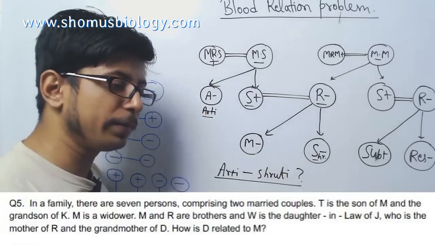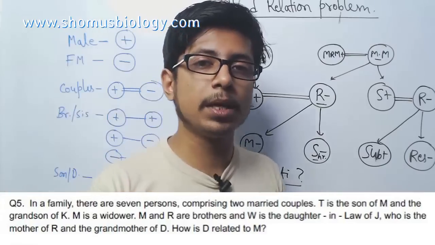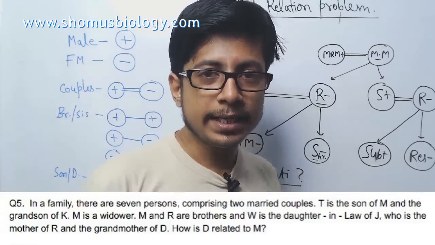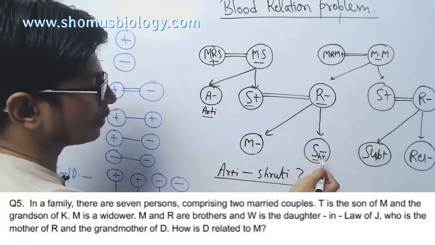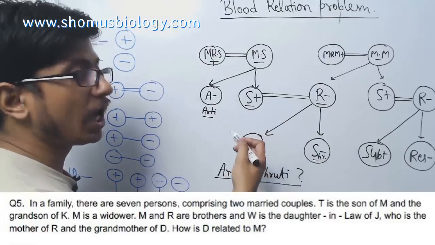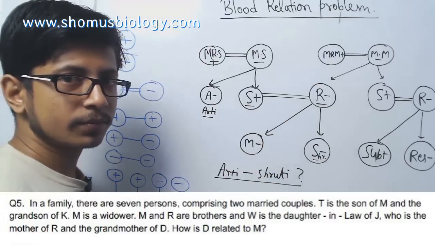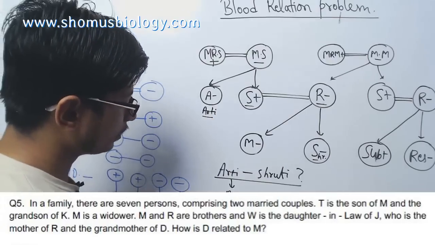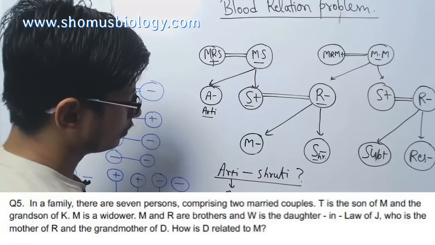So the way two females can link with one generation gap will be either aunt or mother. Now we clearly see that Aarti is not the mother of Shruti. So obviously it's the aunt of Shruti. So Aarti is the aunt of Shruti. Okay, so that's the answer for this question.